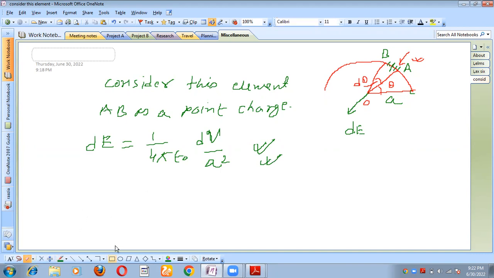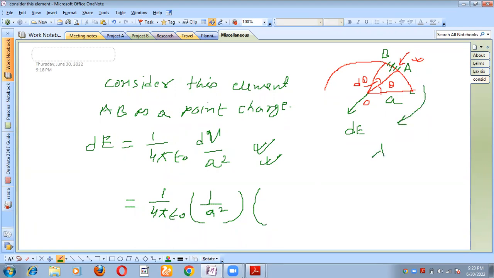Now, what we have to do? We have to find this small charge dq. So that will be 1 by 4 pi epsilon naught 1 by a square. What is the value of dq? We know that charge per unit length of this portion is lambda.